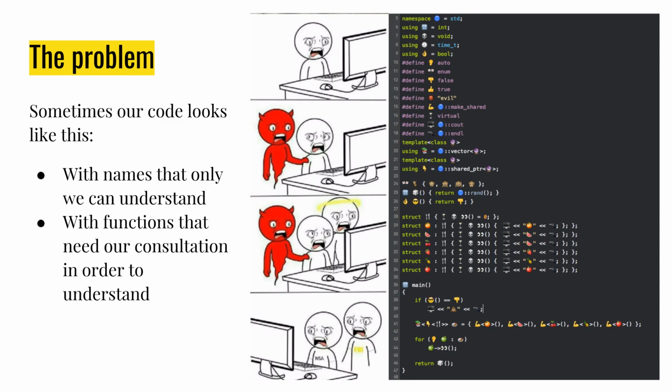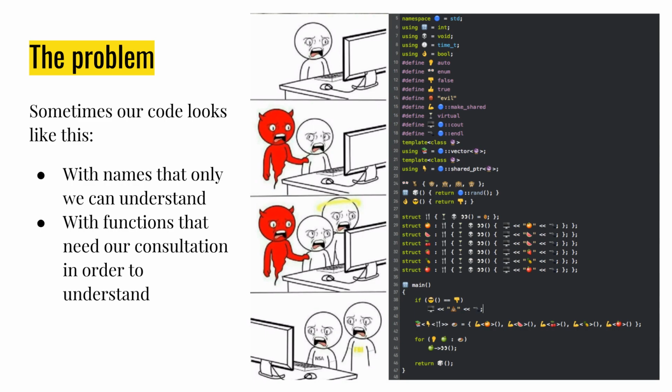A very typical example is when you have a function called process something, or a function validate, which should validate, but what does it validate?